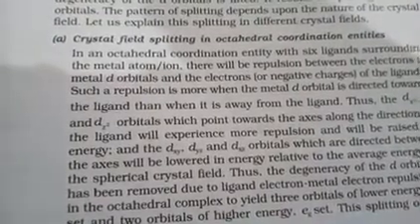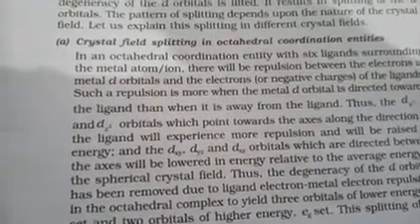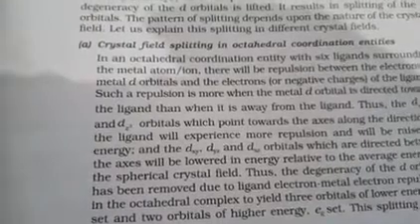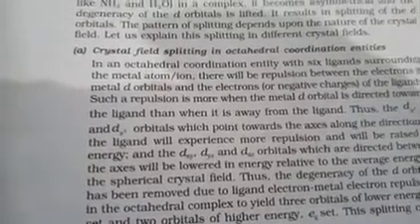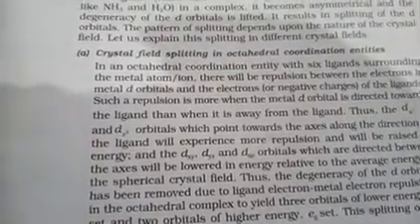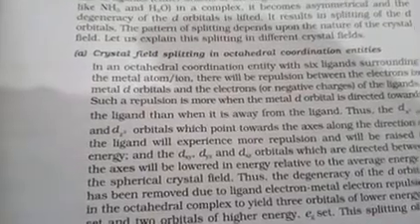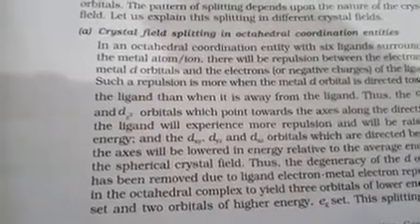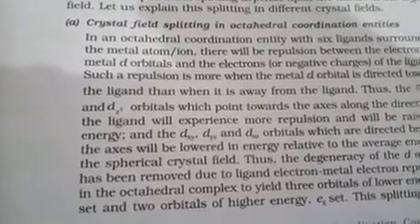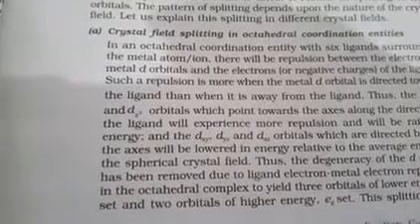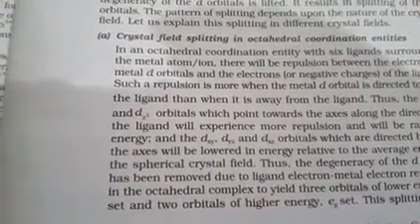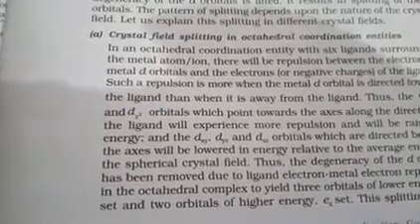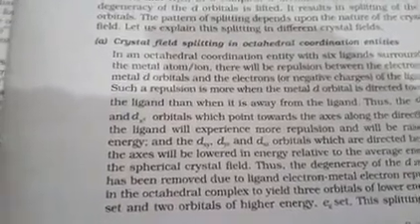Thus the dx square minus y square and dz square orbitals, which point along the axes in the direction of the ligands, experience more repulsion and rise in energy, whereas dxy, dyz and dzx orbitals, which are directed between the axes, are lower in energy relative to the average energy of the spherical crystal field.